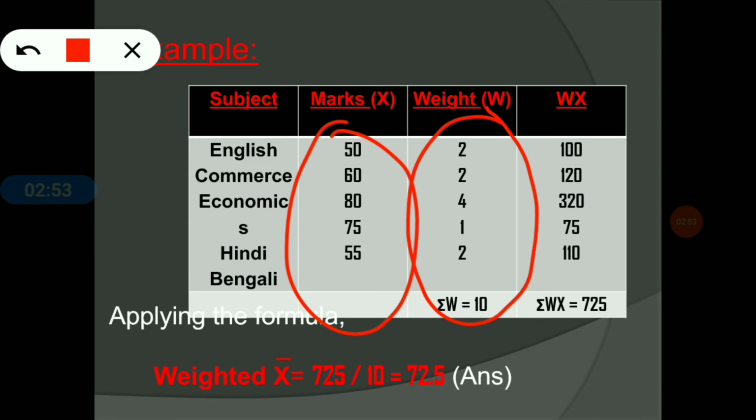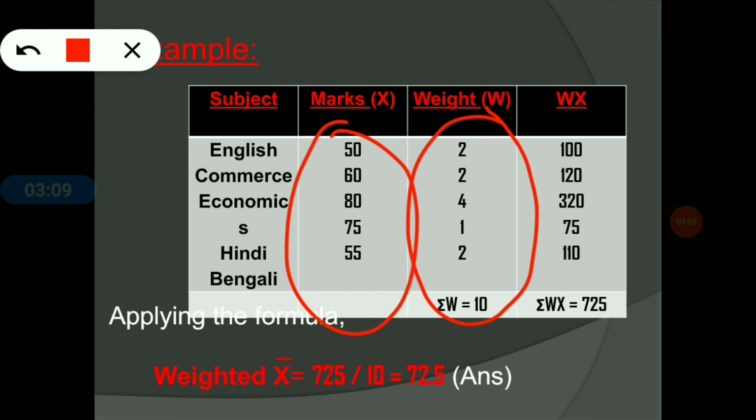Okay. So for the formula we have to calculate wx, because the formula is summation wx divided by summation w. So wx means the multiplication value between weight and the variable x.